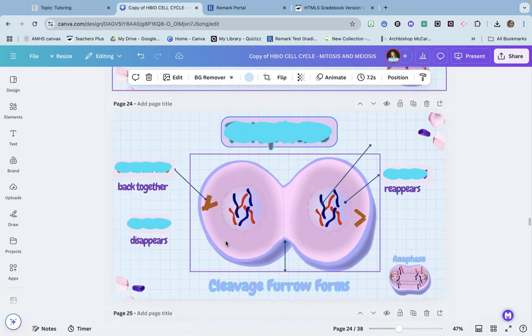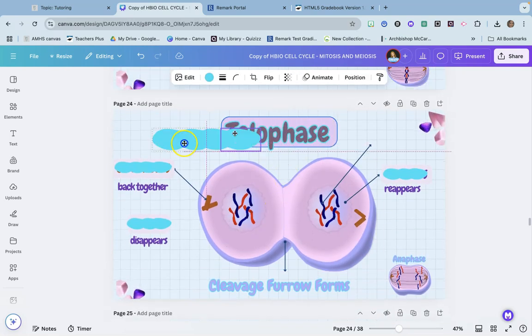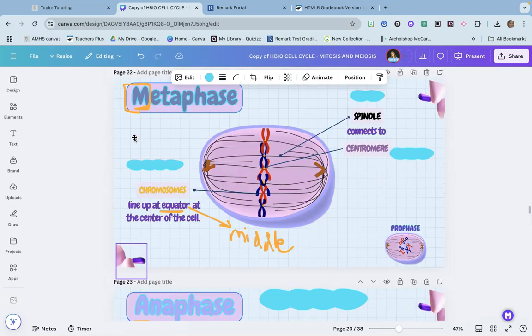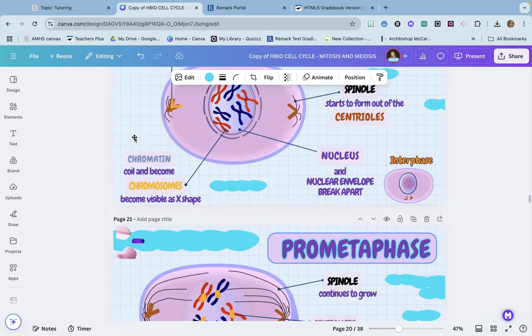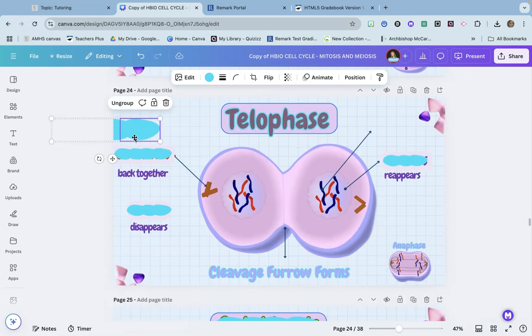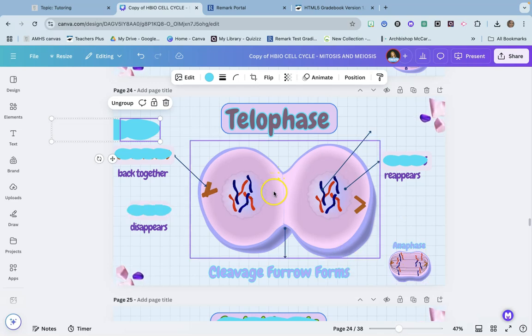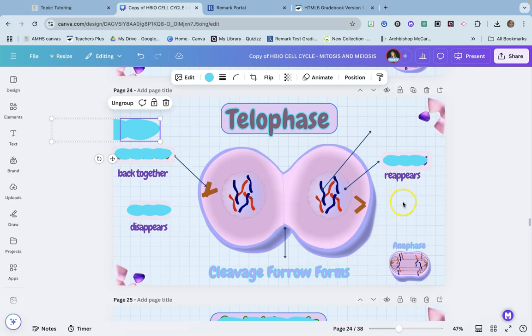What's the last one? Telophase. Now notice, anaphase has one part, metaphase has two little parts, but prophase and telophase have a lot. So telophase is almost opposite of prophase. And then one extra thing. So what's happening? Here's anaphase, here's telophase. Tell me what's happening. What's back together?